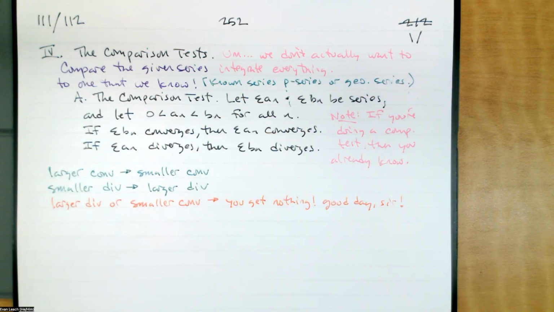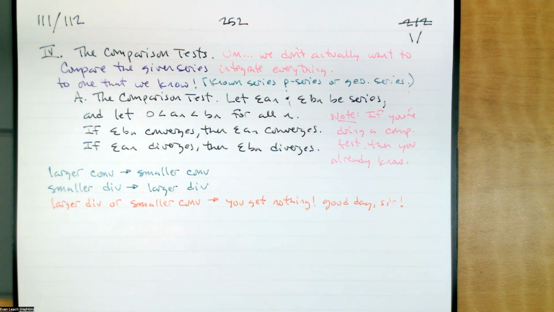Or BN is given, and we're suspicious. We think, BN looks like it diverges, so I'm going to pick an AN that I know diverges. Point out that BN is in fact larger than AN, the known divergent series, and then conclude that BN diverges.